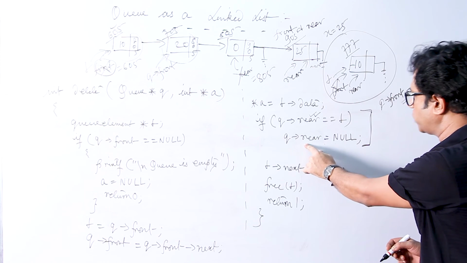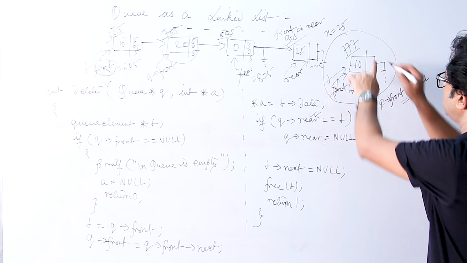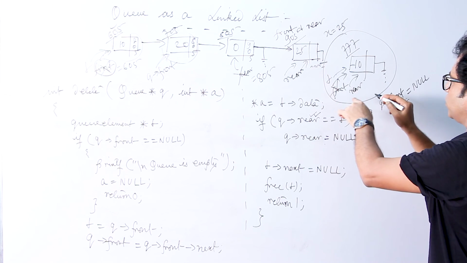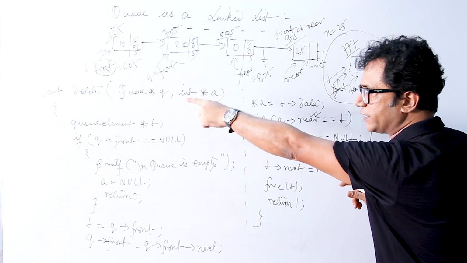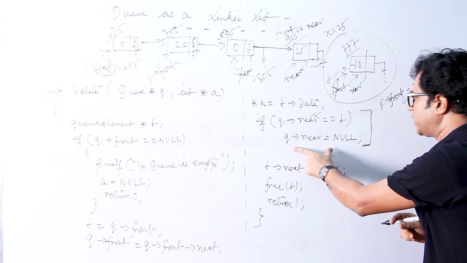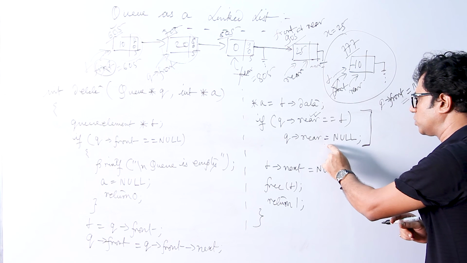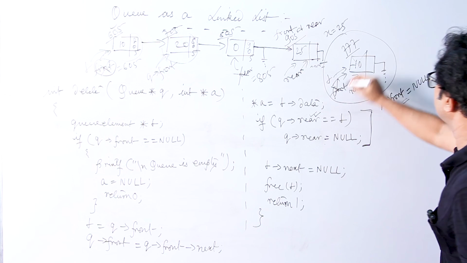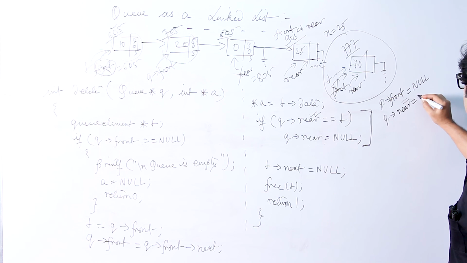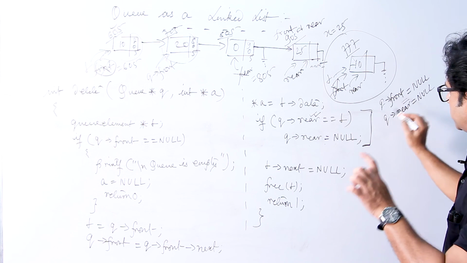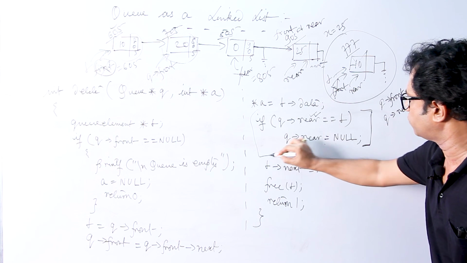In order to deal with that special case, where there is a solitary node to be deleted by the deletion operation, we have written this code: q rear equals null. That is, after the deletion of this node, q front and q rear both will be pointing to null. So this condition is dealt with in this portion of the code.